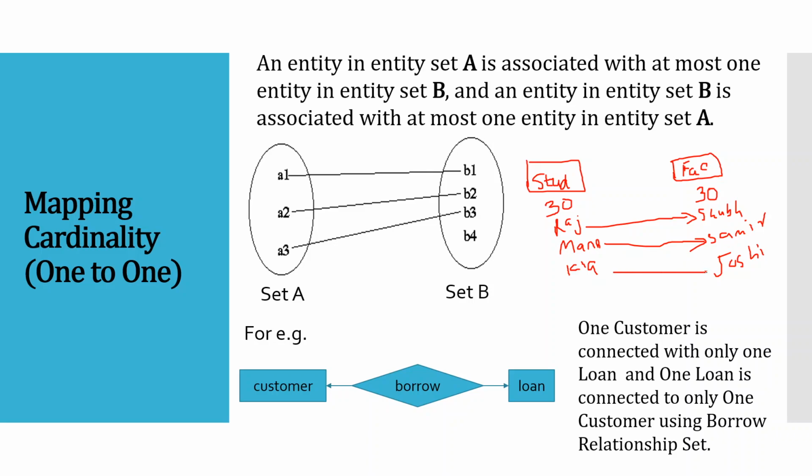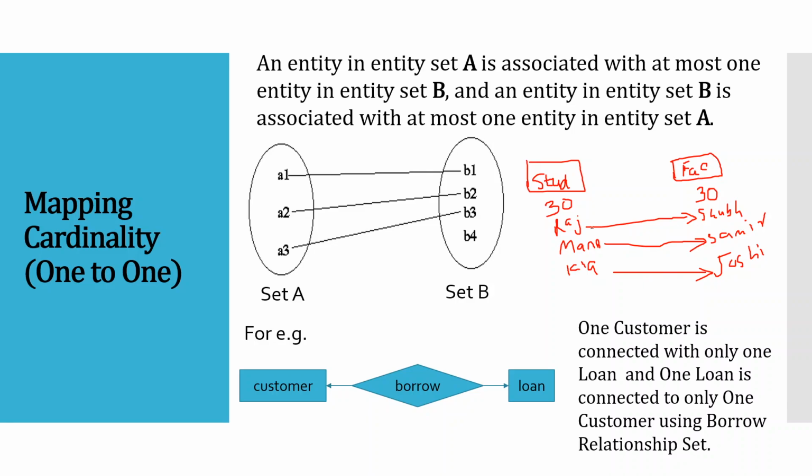Similarly, Kia is learning from Joshi sir. So we can say that one entity of the student entity set is connected with one and only one entity of the faculty entity set. So Raj is connected to Shubh only, Man to Samir only, and Kia to Joshi only.